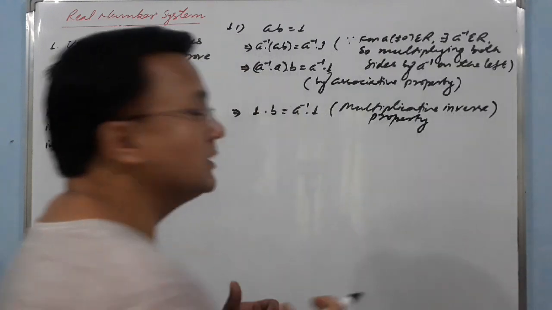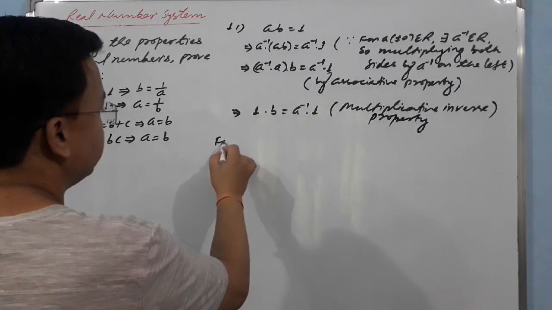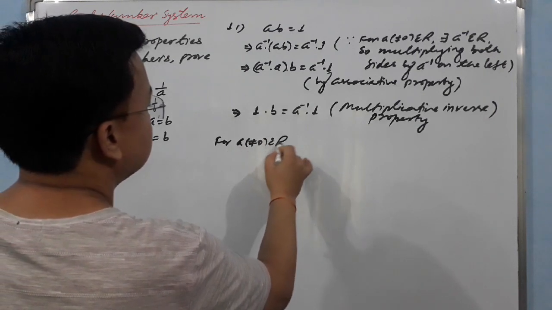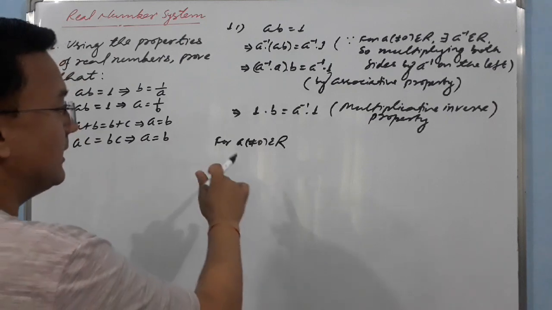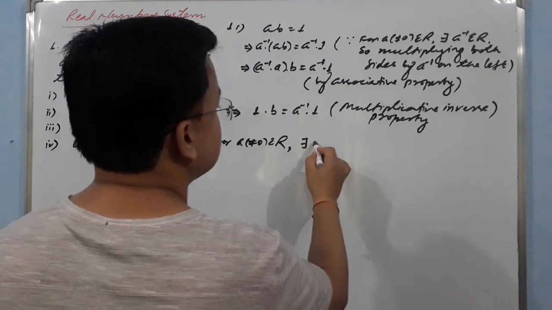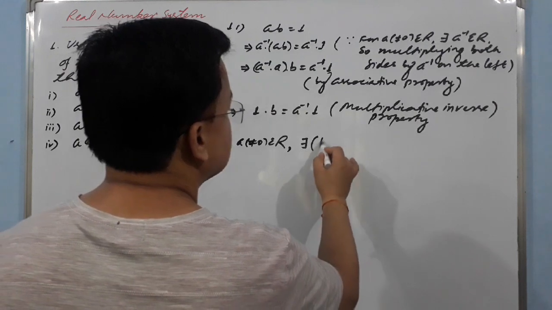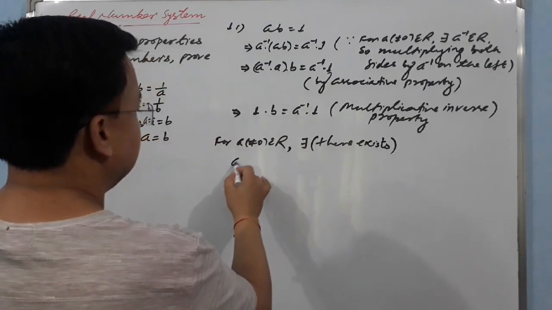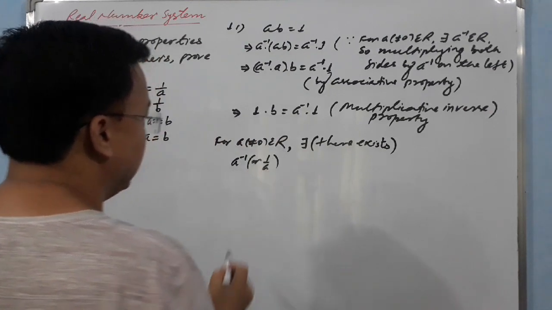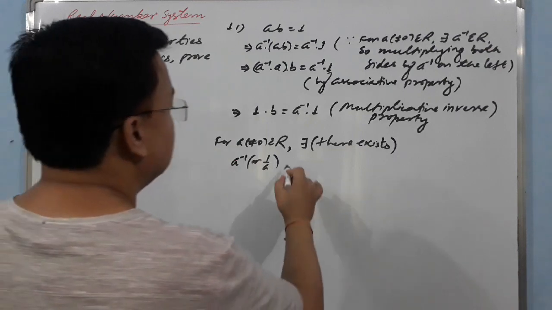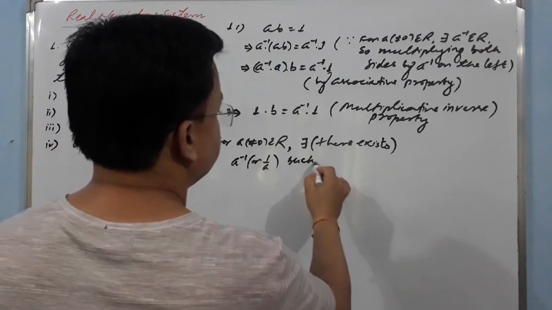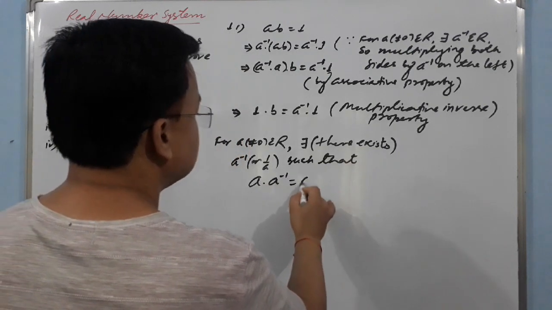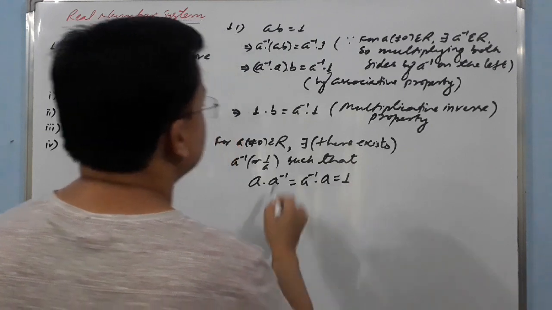Let me tell you what it is: for a not equal to 0, belonging to R, meaning any real number except 0, there exists a inverse, or I can say 1/a, such that a times a inverse is equal to a inverse times a is equal to 1.